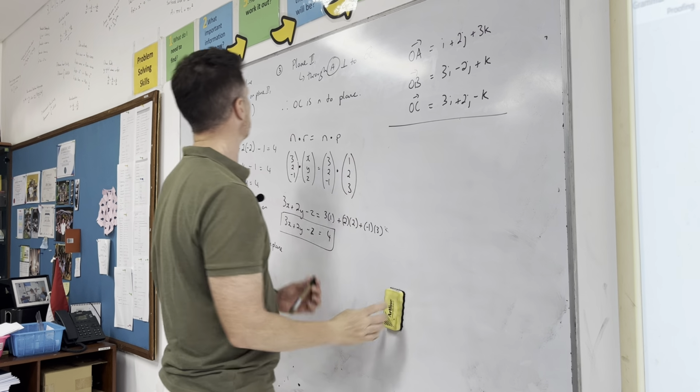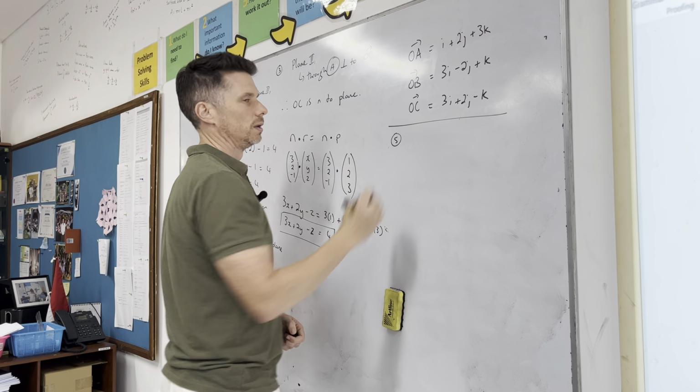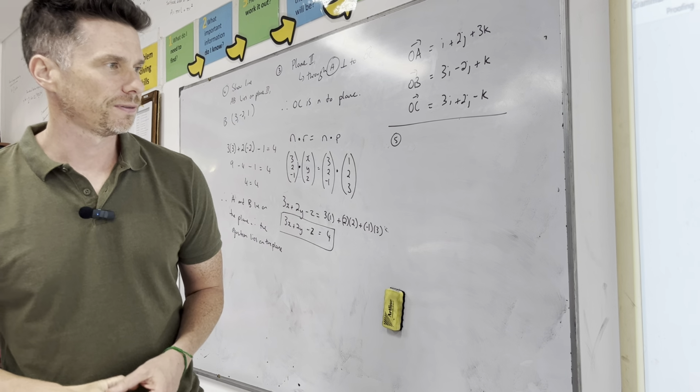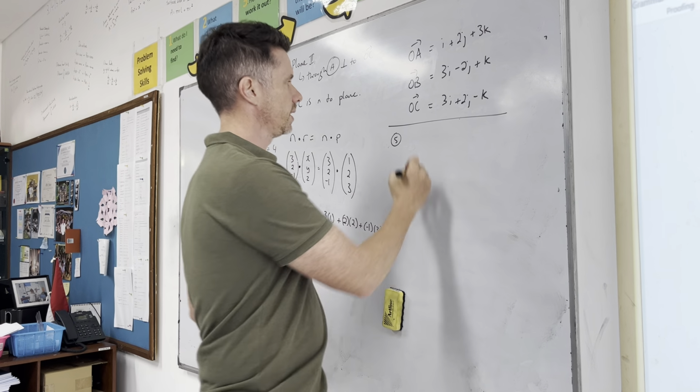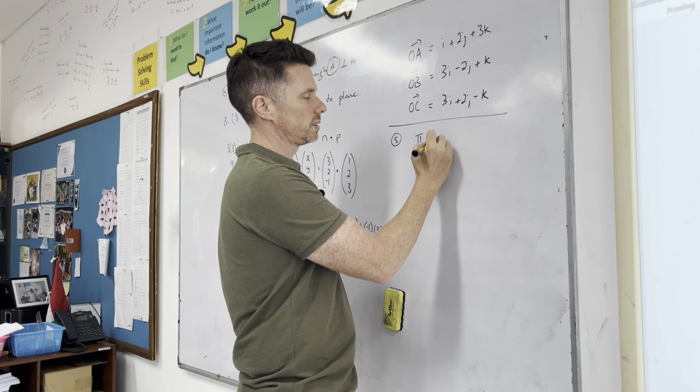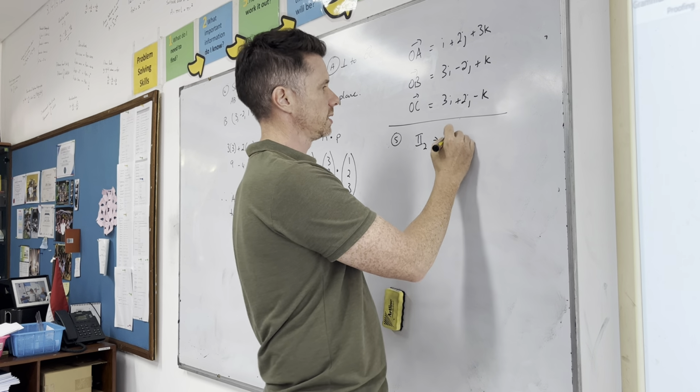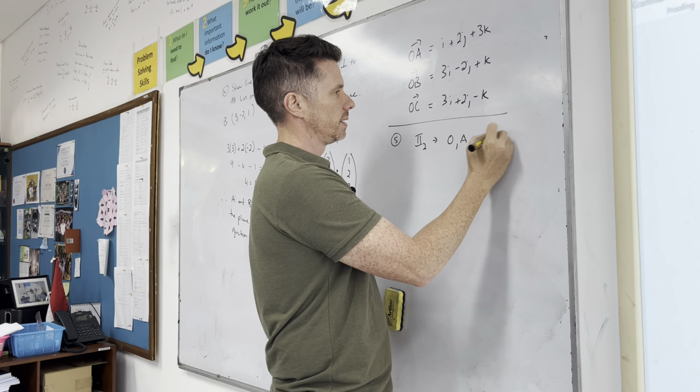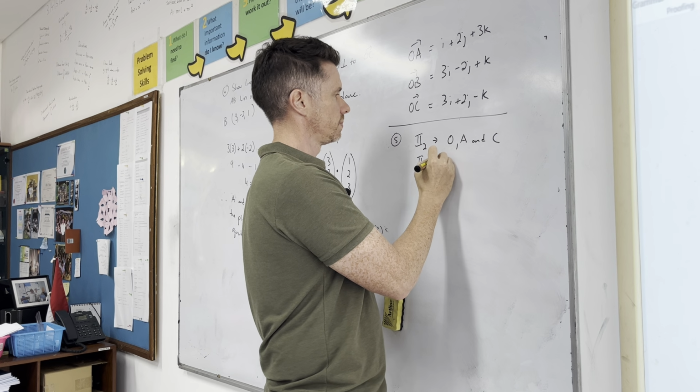Part E. Verify. So we've got this plane 2, which is the plane with OA and C. We don't even need to, but we just set it up anyway.